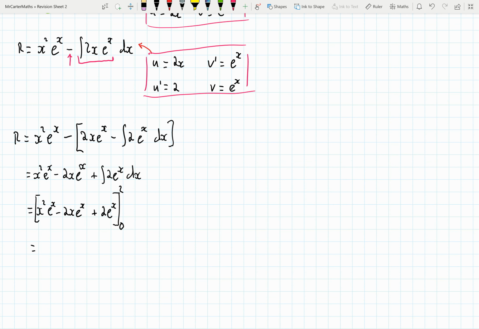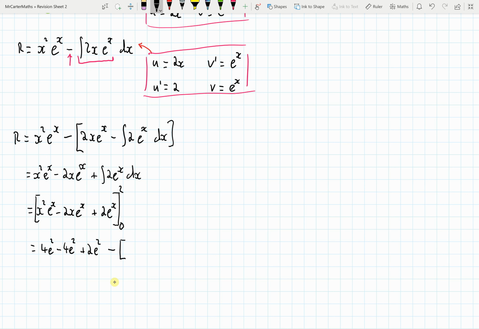Okay, substituting 2 in. So x squared is 4e to the 2, minus 2 times 2, which is 4e to the 2, plus 2e to the 2. So that's from substituting the 2 in, and I want to subtract everything when I substitute the 0 in.